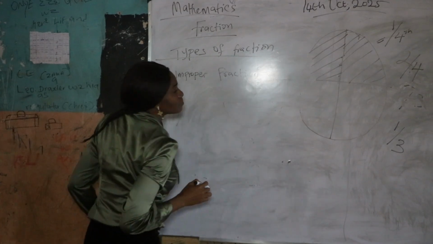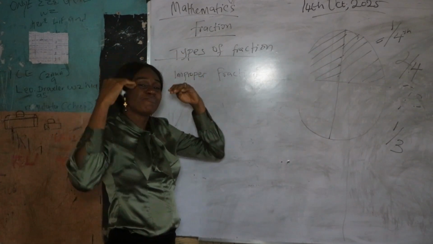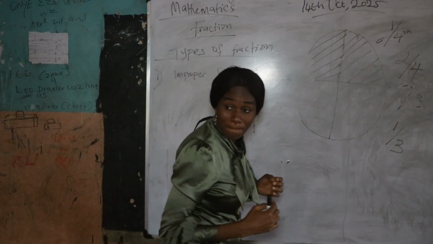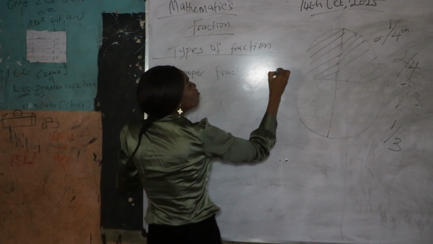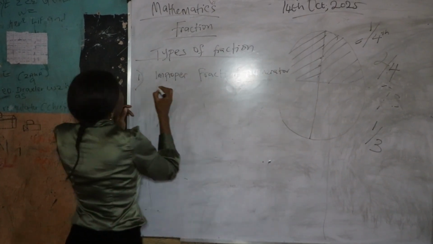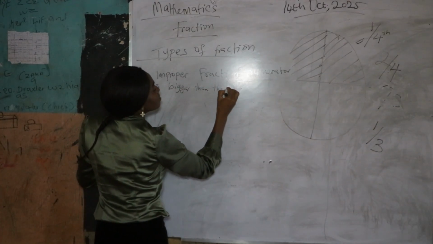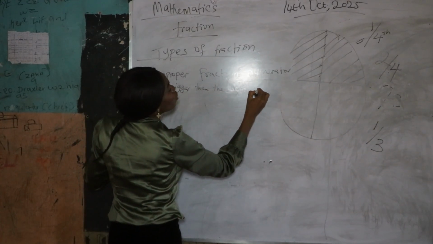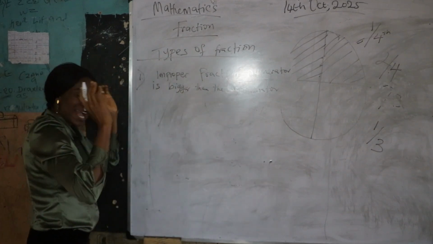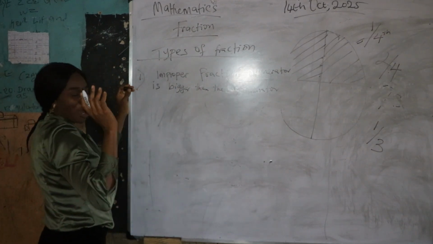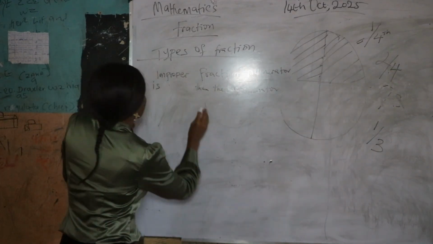In this type of fraction, the numerator is bigger than the denominator. The number at the top must be smaller. Sorry, the numerator is smaller than the denominator. Sorry for that.